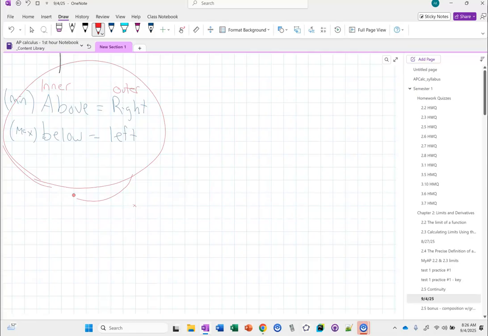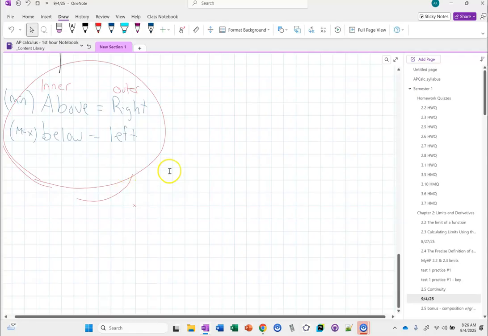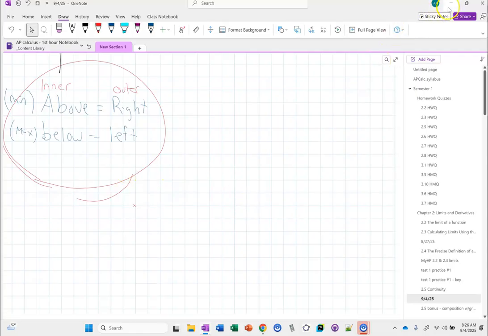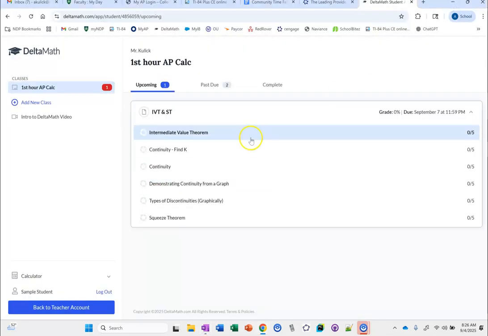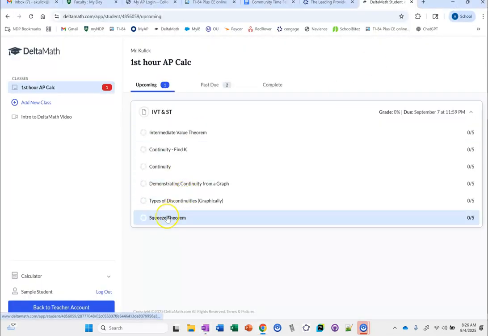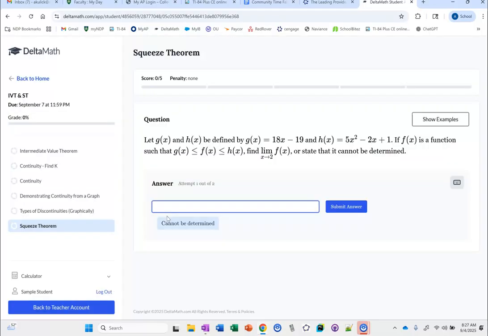So the other piece that I wanted to do today is just some general practice. I have a Delta Math made up that has a couple of different types of questions on things we've been working on recently. I want to start with the squeeze theorem one.